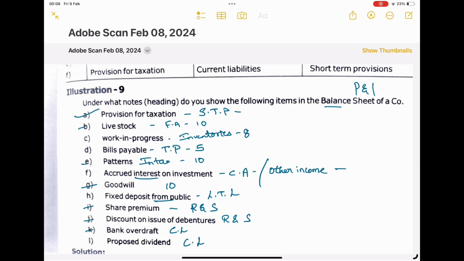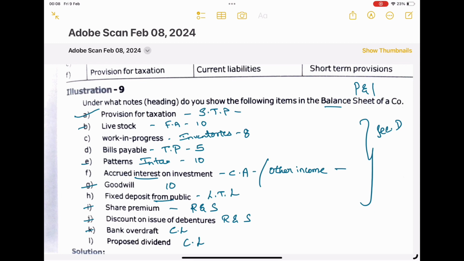Okay, see, I hope you understood what concept I am trying to teach in this. So this kind of questions they might ask for Section D or for 2 marks. They will state a few random incomes and expenditures or certain liabilities, simply they will give.